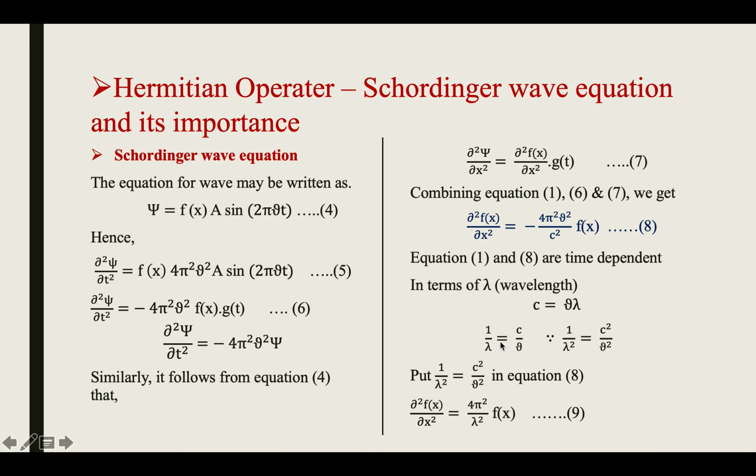If you square both sides, you will get 1/λ² equal to ν²/c²... that is, ν²/c² equal to 1/λ². So if you put this into equation number 8, you will get equation number 9, that is ∂²f(x)/∂x² equal to minus 4π²/λ² into f(x).